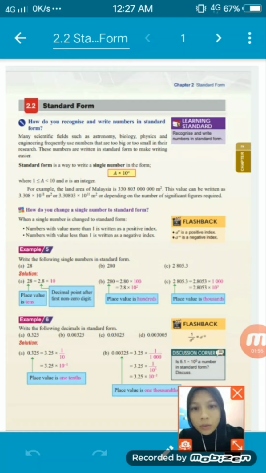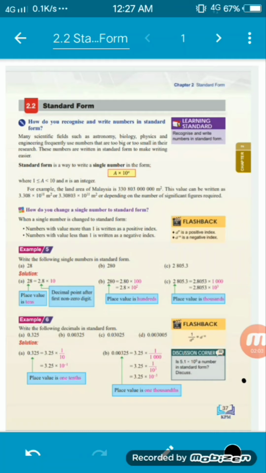Okay, how do you change a single number to standard form? When a single number is changed to standard form, first, a number whose value is more than 1 is written as a positive index. Next, a number whose value is less than 1 is written as a negative index.